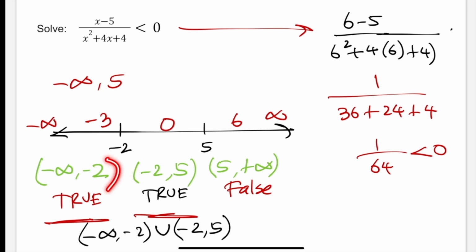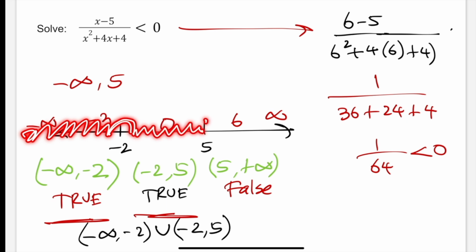And that's why I put a parenthesis here and parenthesis here, because I'm not using the value of negative 2. And that's why you go from negative infinity to negative 2. Union, like you jump over the negative 2. You come from here, here, here, here. You jump over the negative 2. And you go here, here, here, here. And you don't include the 5 either. All right, so this is my final answer.